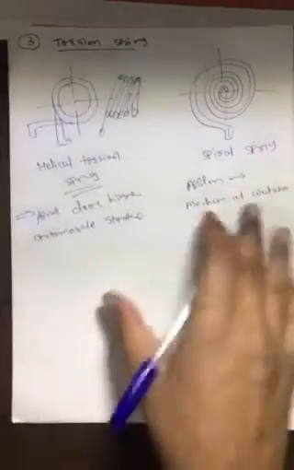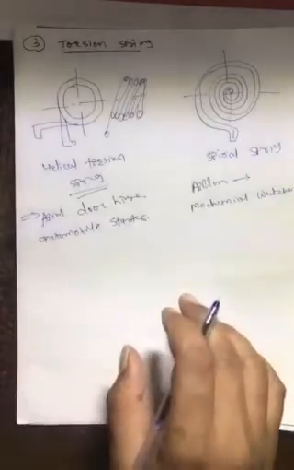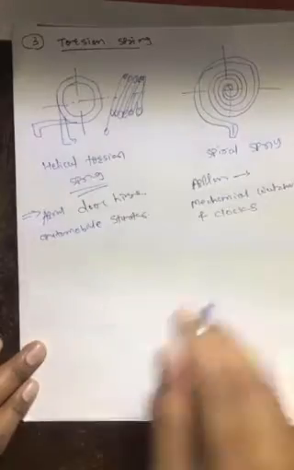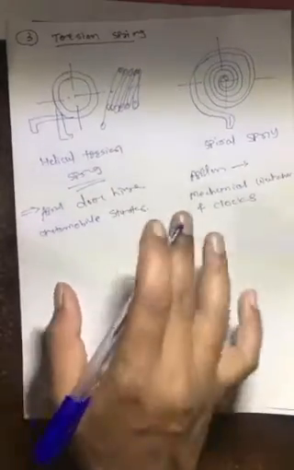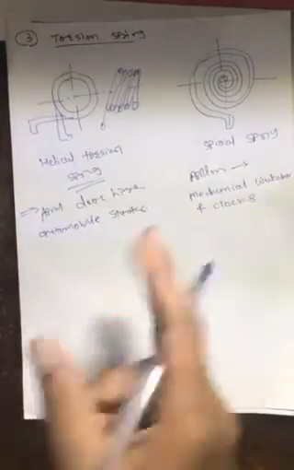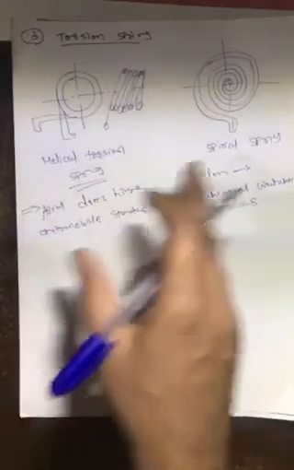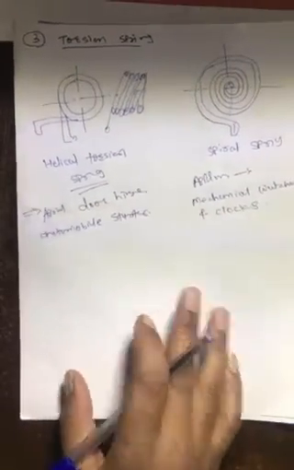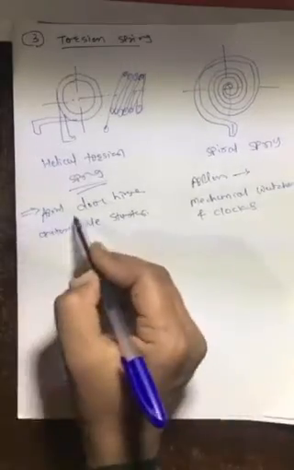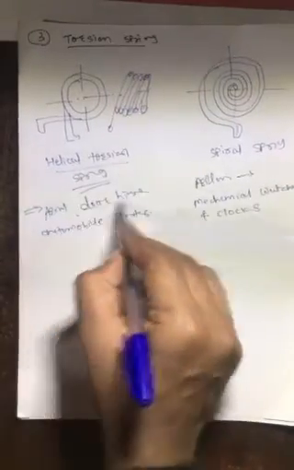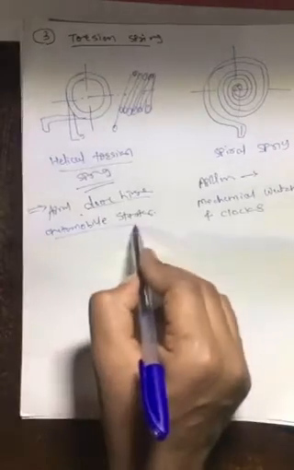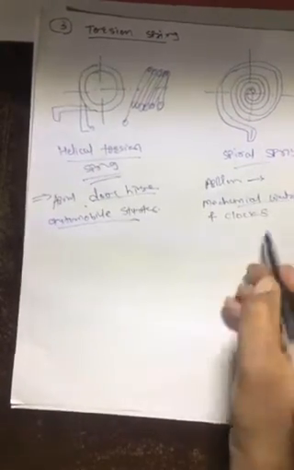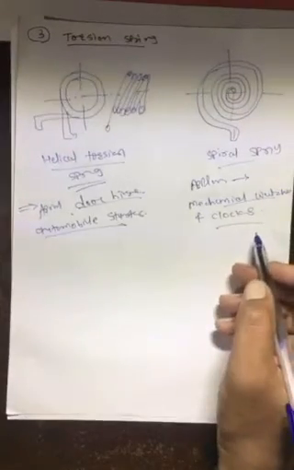Generally the spiral spring is used in watches and also clocks, right? So this one is the torsion spring. Two types of torsion spring: helical torsion spring and spiral spring. It is used when a small torque is required, and the helical spring is used in door hinges and automobile starters, and the spiral spring in mechanical watches and clocks, right?